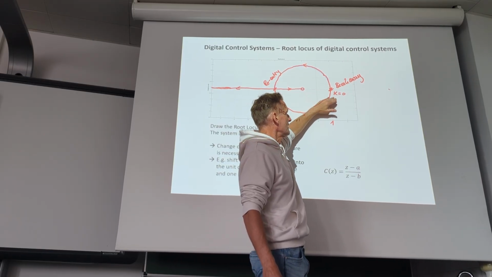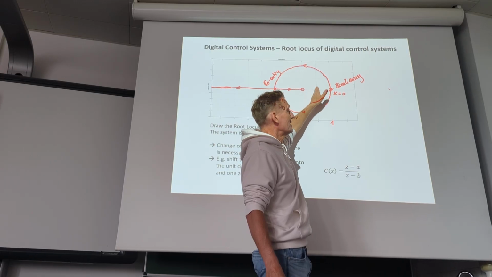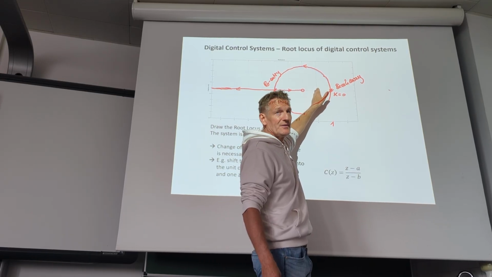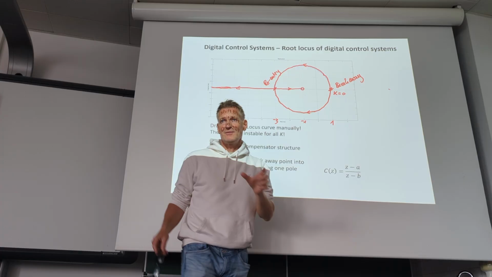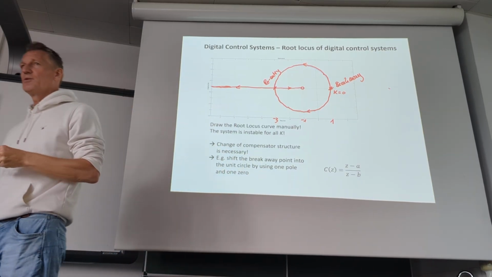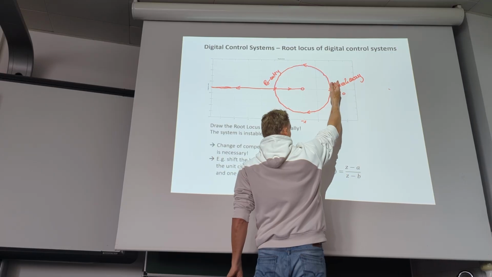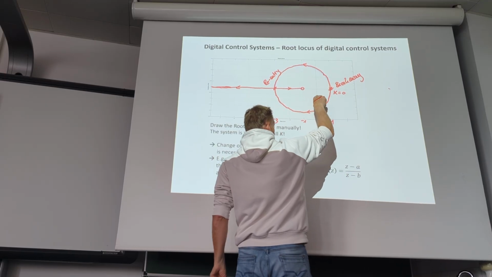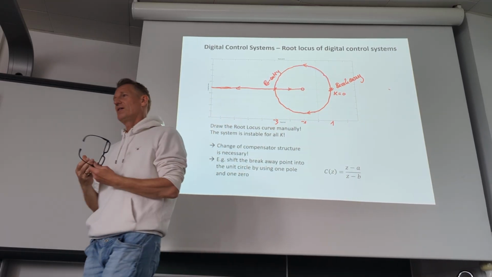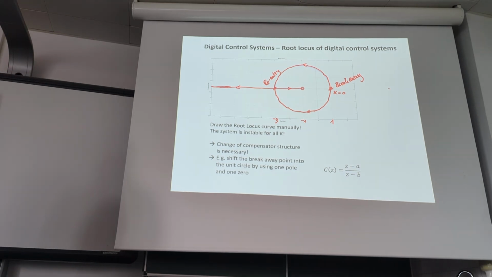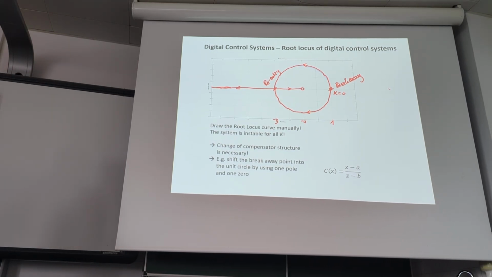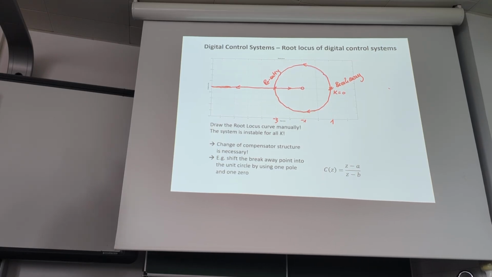And if we add another pole a little bit left on the real axis, then we have a predefined part of the real axis to be root locus, and that automatically pushes the breakaway point here to the left. And then the branches are completely, well, not completely, but they go through the unit circle, and we have a nice area where we can place the poles in order to have a reasonable, stable system behavior.